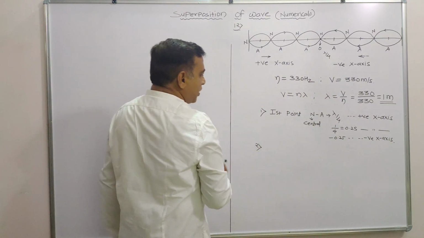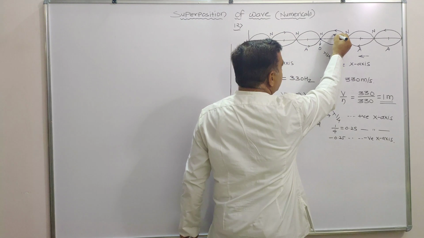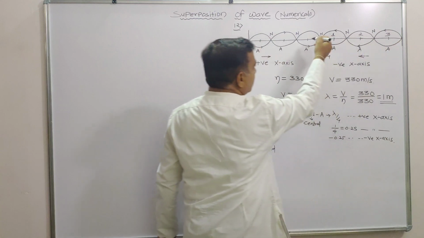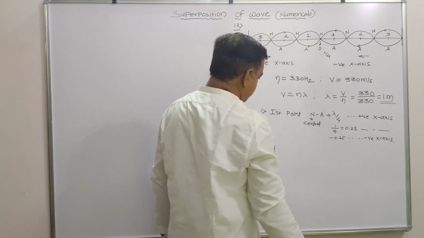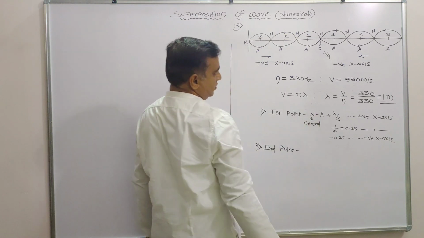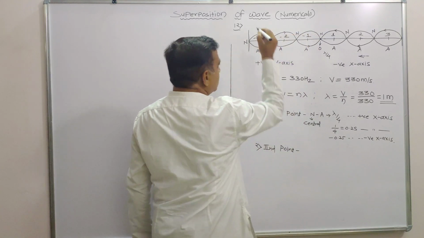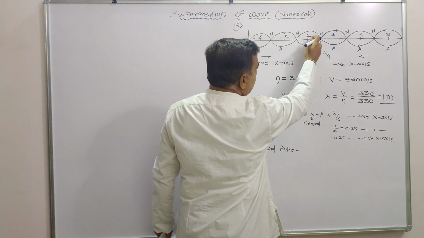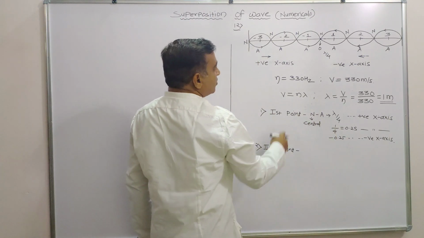Similarly, we have the second point. I would like to number them here: this is the first point, this is the second point, this one is the third point. With reference to the negative x-axis too, this is the first point, second point, third point. For the second point, either to the left or to the right, the distance between the central node and the antinode is again lambda by 4. What about the second point?